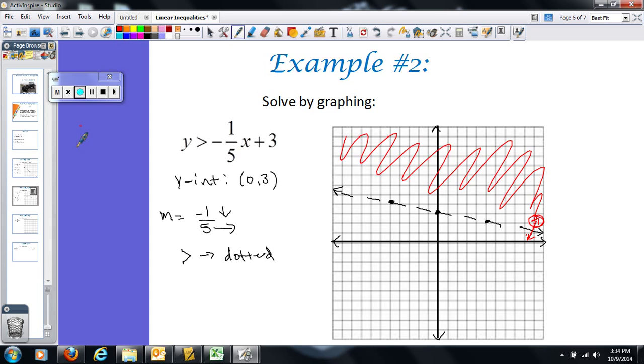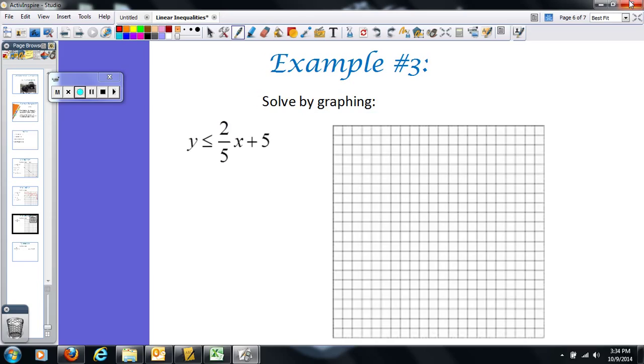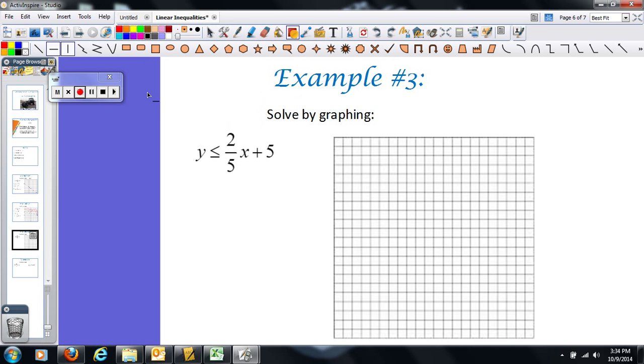So, we're going to go to example number 3. And I'm going to go ahead and graph this again. So we got our x-axis and our y-axis, and we're going to graph our points.